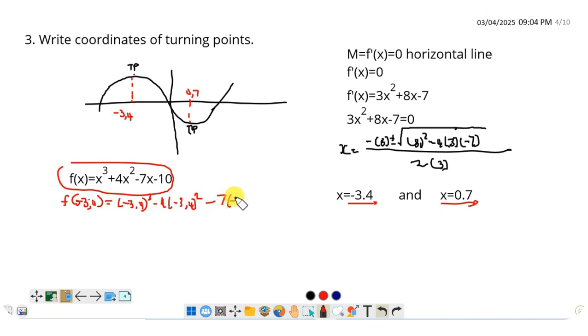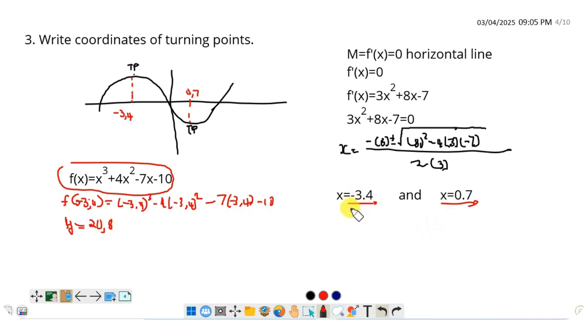Okay, so when you punch this on a calculator, you get the y value being 20.8, right?